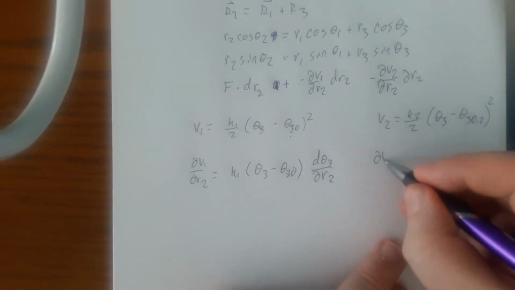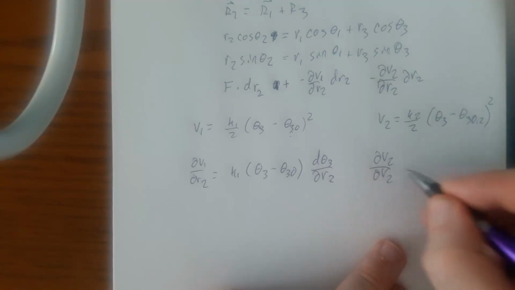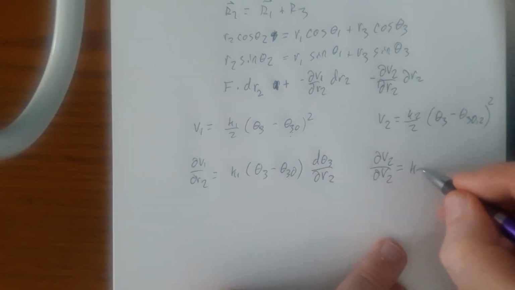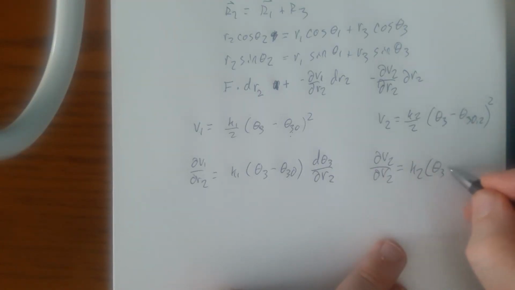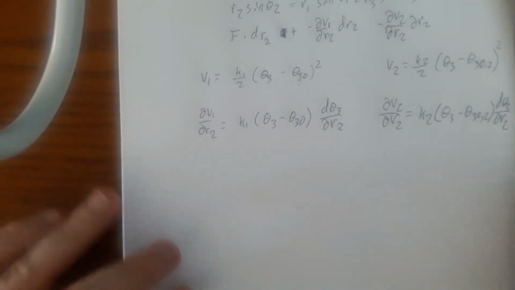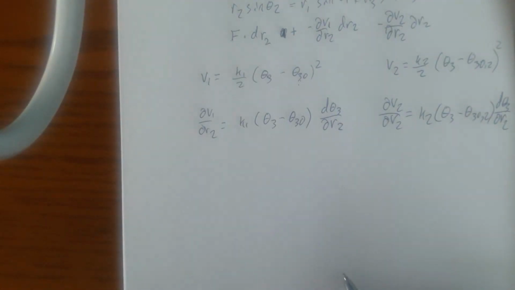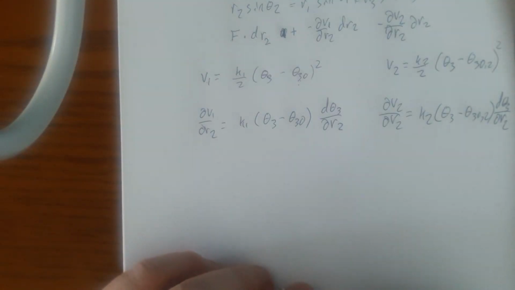And then dV2 is just going to be equal to K2 times theta 3 minus theta 3 naught 2 times d theta 3 dr2. Okay, and so what we see is that we need an expression for d theta 3 dr2 in order to figure out what's going on here. And so the easiest way to get, that's the kinematic coefficient.